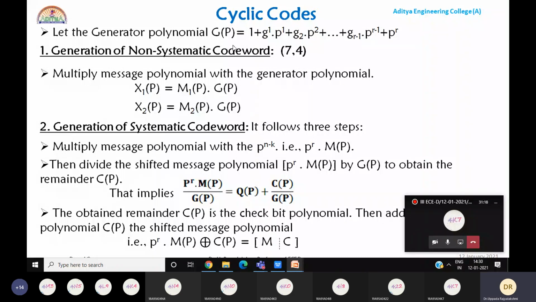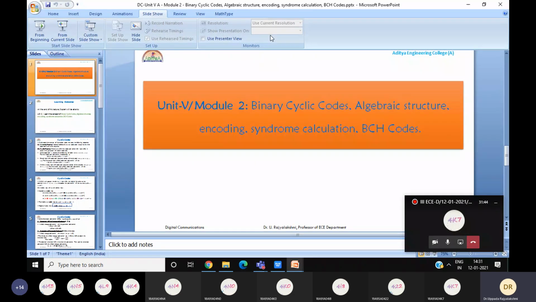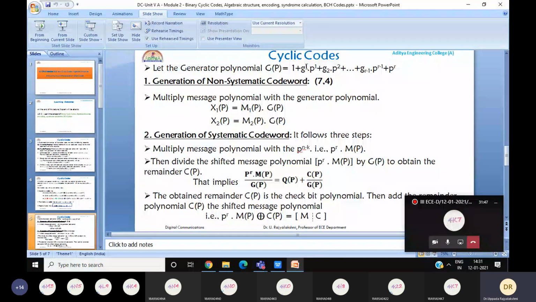Now let us generate a polynomial. So let us assume the generator polynomial g of p, where g1, g2, up to g(r-1) are the constants for the polynomial factors.